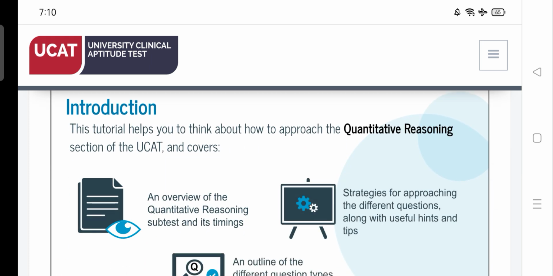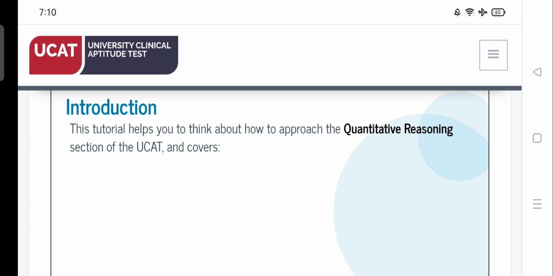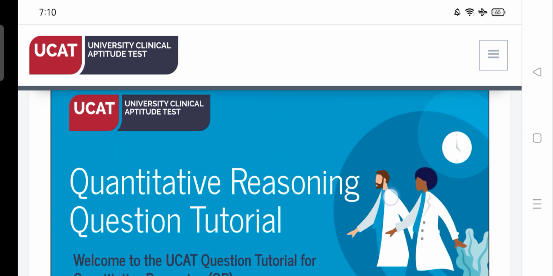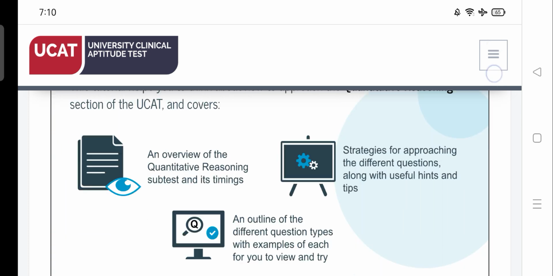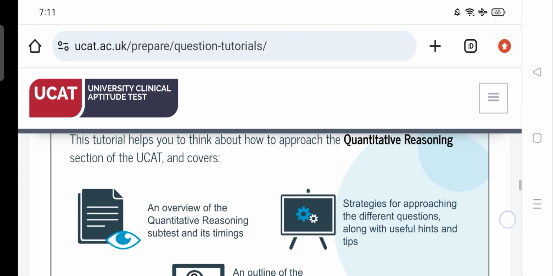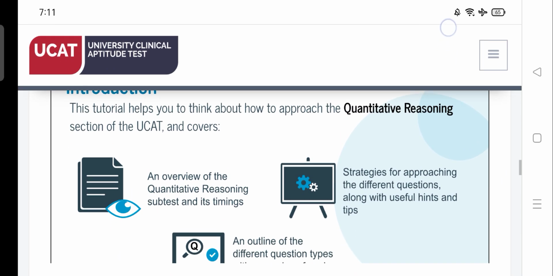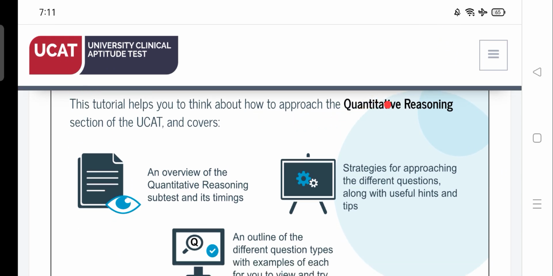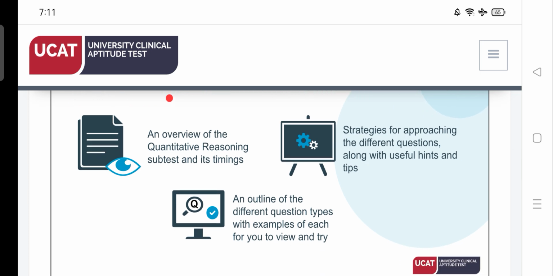So first we have an introduction of the quantitative reasoning section. This tutorial helps you to think about how to approach the quantitative reasoning section of the UCAT, and it covers the following points in these slides.